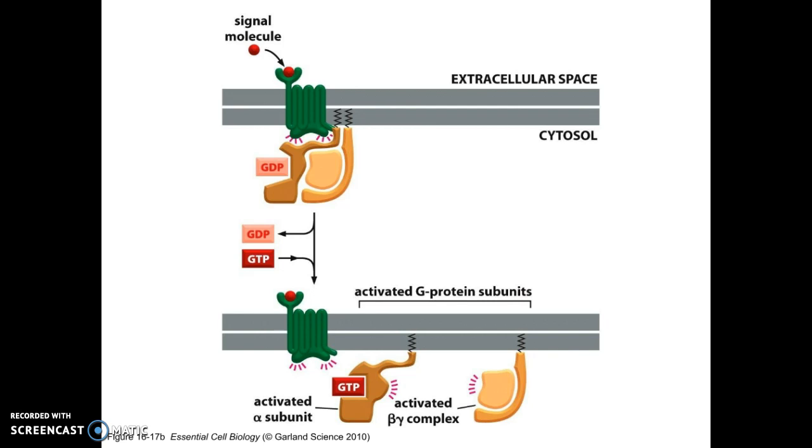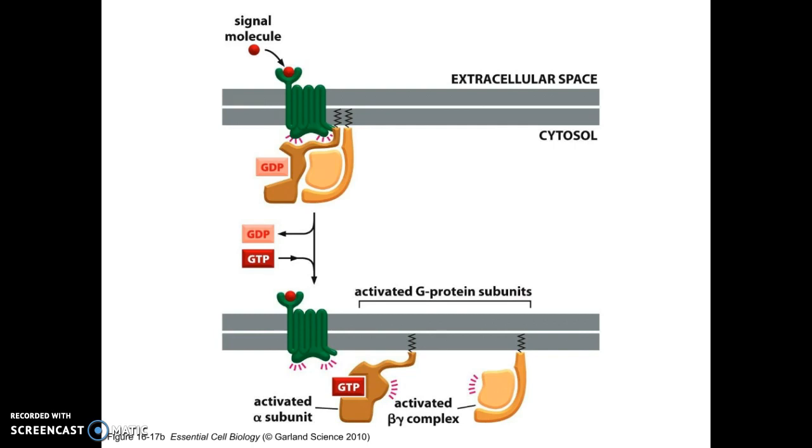The beta gamma dissociates from the alpha when the alpha is activated, and maybe the beta gamma can go do some work, maybe cause an enzyme to become activated.